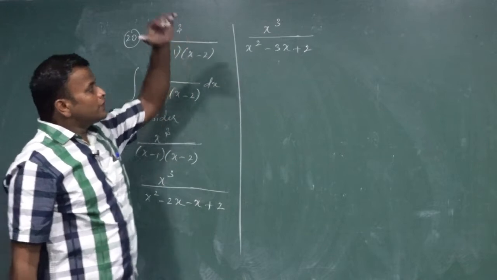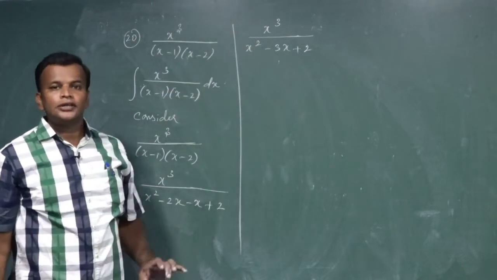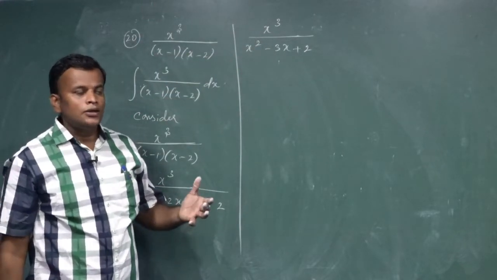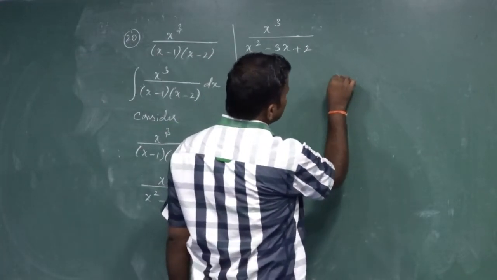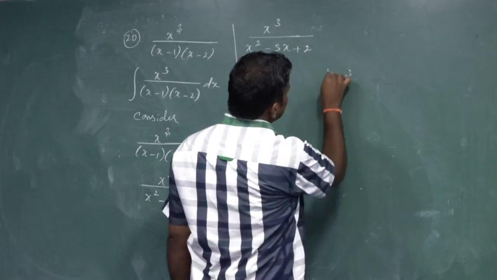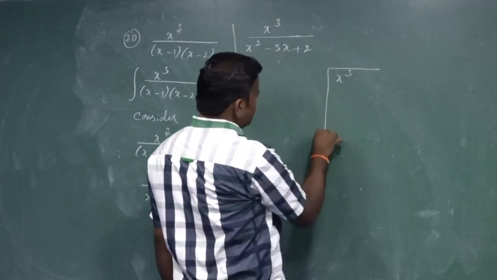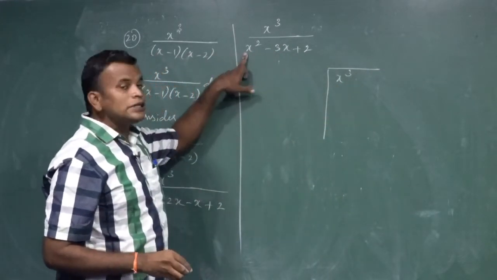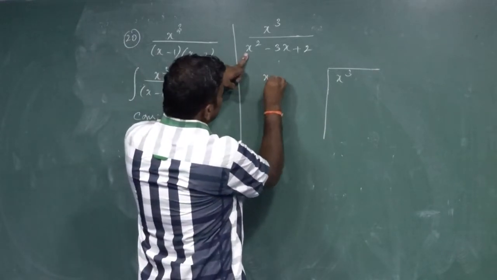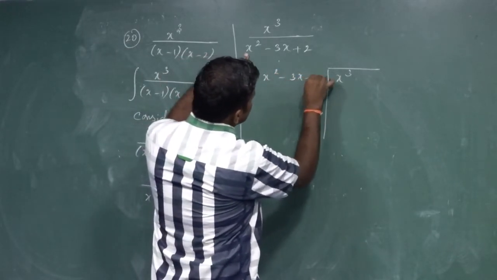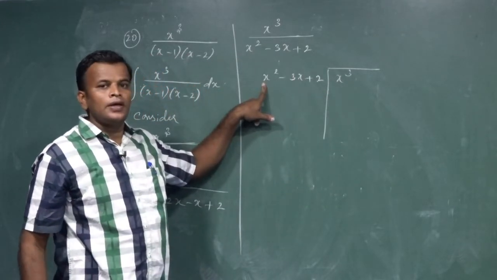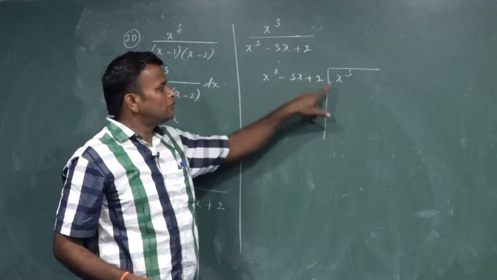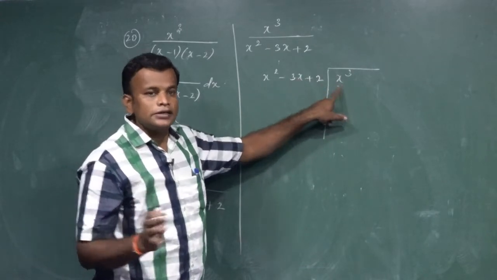Now we divide the numerator by the denominator to convert it into a proper fraction. The numerator is x cubed, the denominator is x squared minus 3x plus 2. In which term do we multiply x squared to get x cubed? It is x.